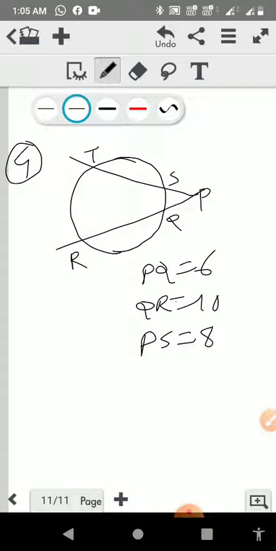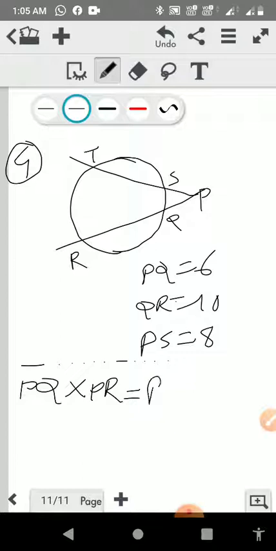So according to this theorem, I can write PQ into PR equal to PS into PT, isn't it?